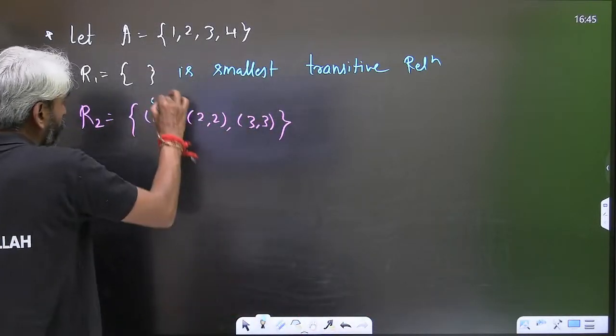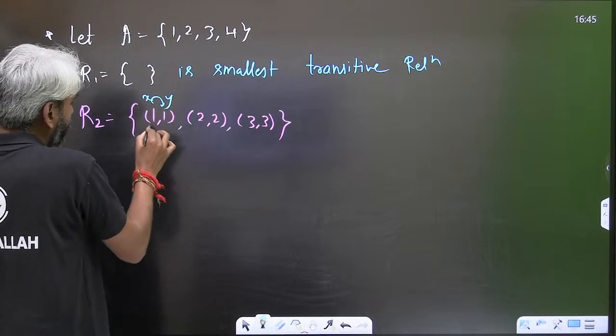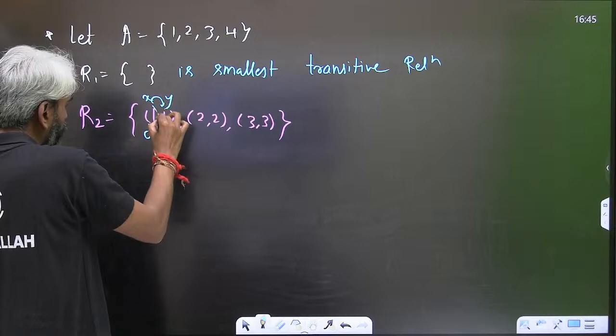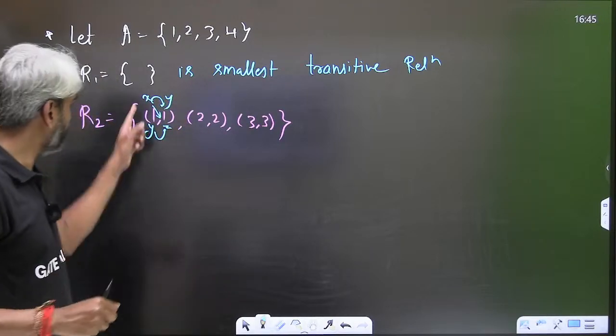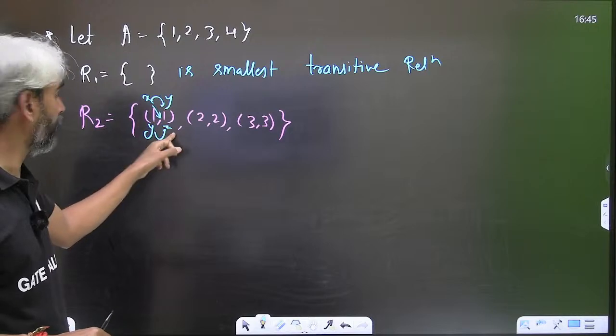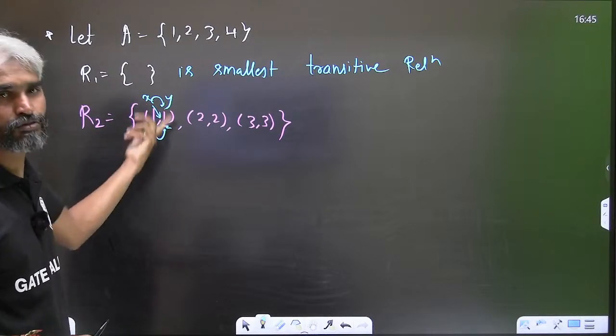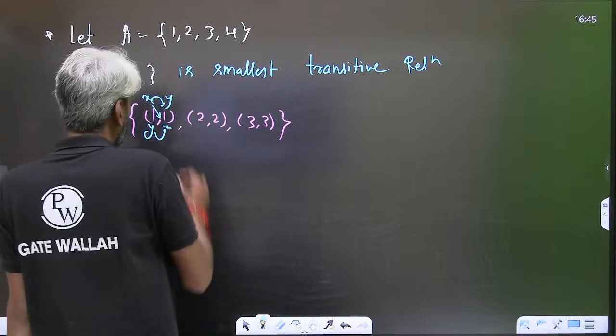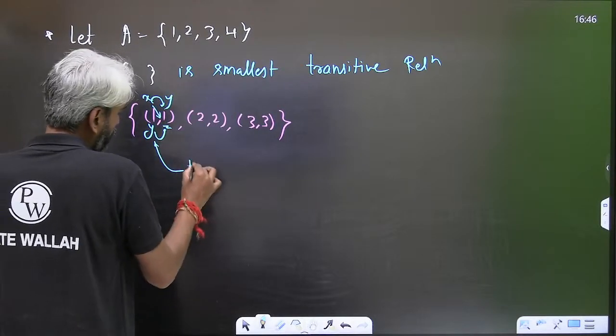X relates to X, X relates to Y, and Y relates to Z. Therefore, X should relate to Z is always true. If we call X as 1, Y as 1, and Z also as 1, then X relates to Y, Y relates to Z, X also relates to Z. That will be the same thing. You don't need to worry about anything.